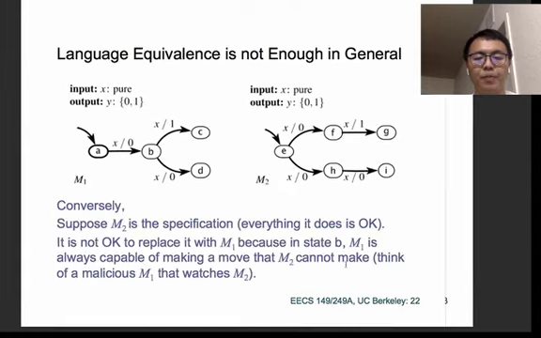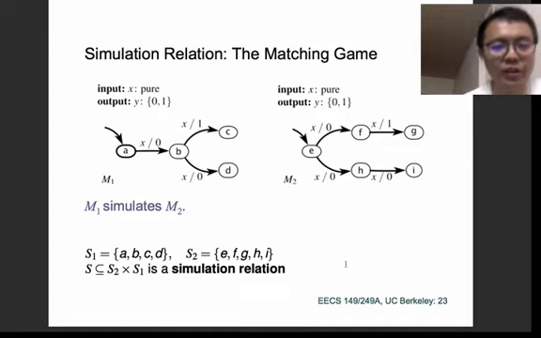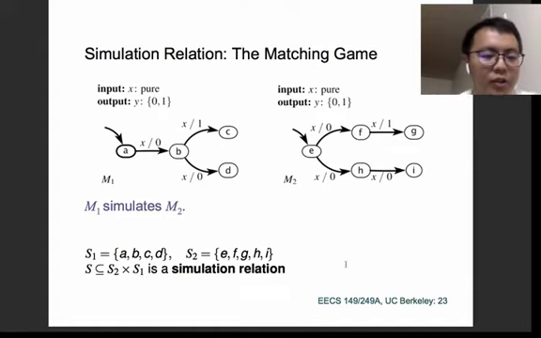Okay, and so now let's take a look at the simulation relation. The first relation is simulation relation, and the second is bisimulation. In this case, you can see that M1 simulates M2, and M2 simulates M1.